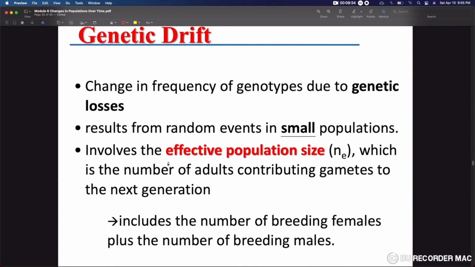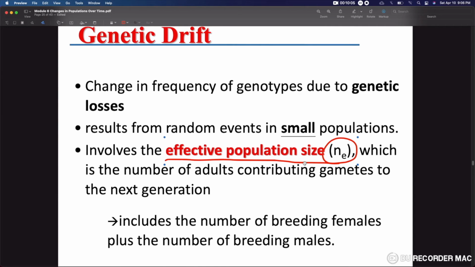And it involves what we call the effective population size, which is the number of adults that are contributing gametes to the next generation. That's the effective population size. The lower the effective population, the higher the chances of genetic drift. So genetic drift are those chance events that could change the frequency of your genotype. Okay?